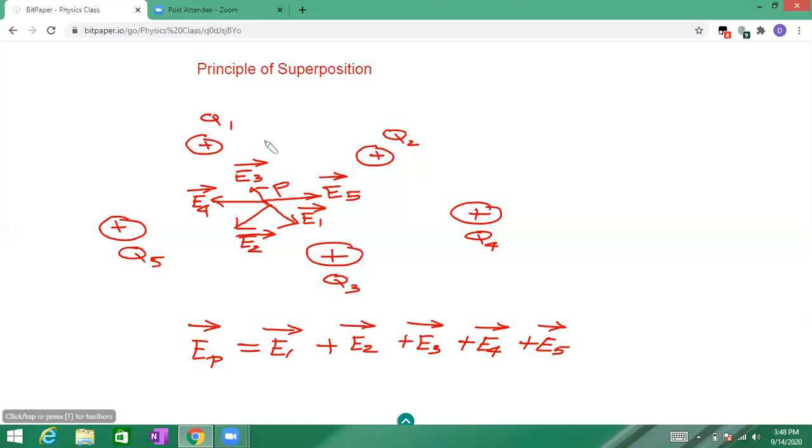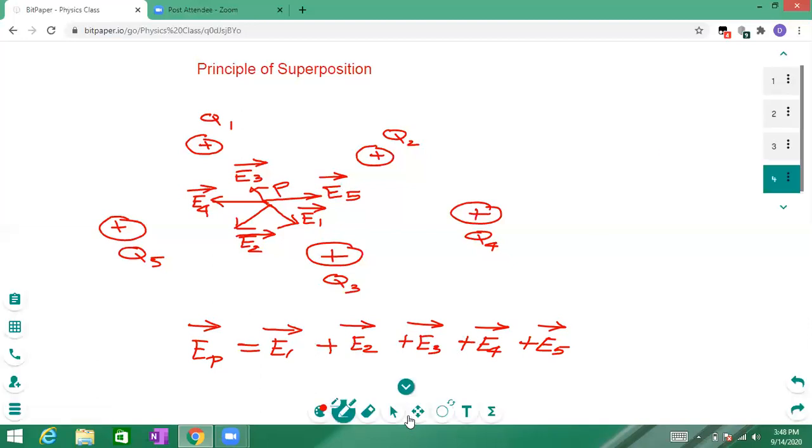So it is called the principle of superposition. But mind it, this sum has to be vector sum, not the scalar addition. So we can write the principle of superposition in this way.